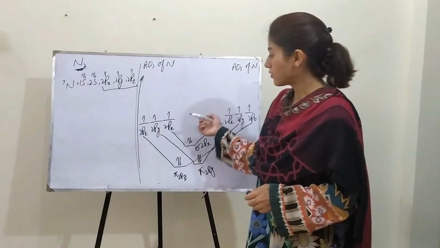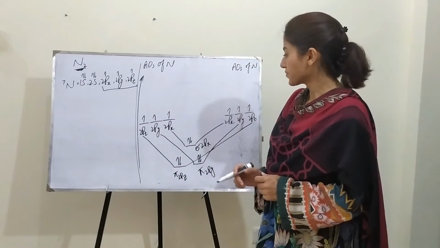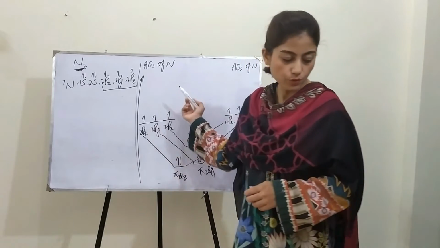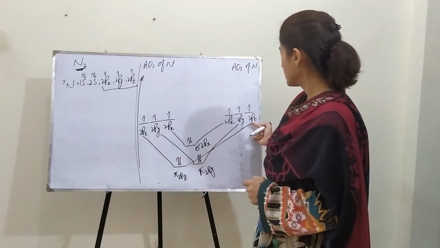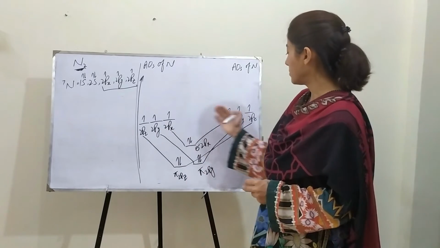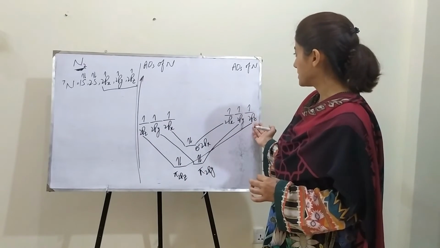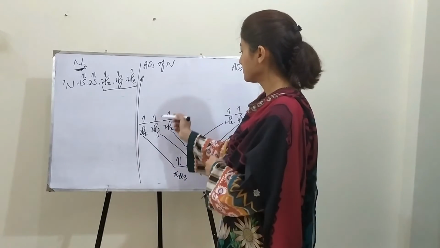Now there is turn of antibonding molecular orbitals. Similarly, this 2pz orbital would overlap with the 2pz orbital of other nitrogen atom.